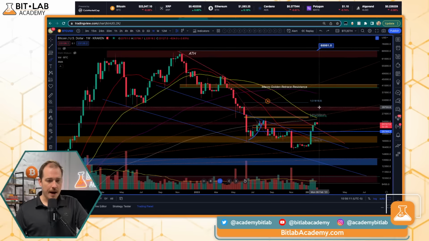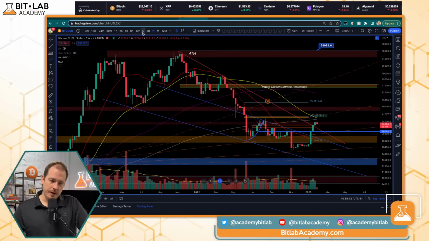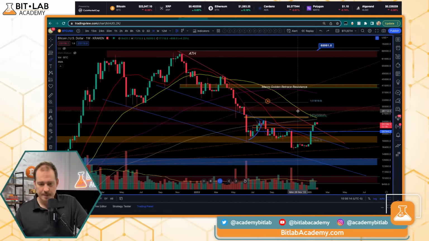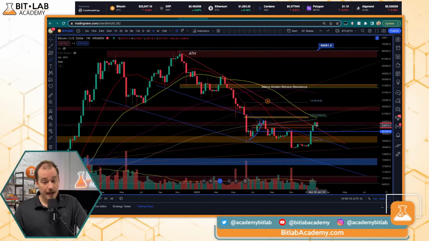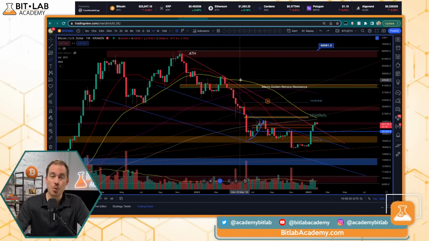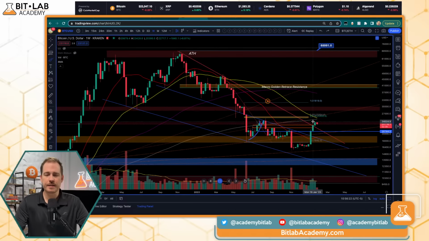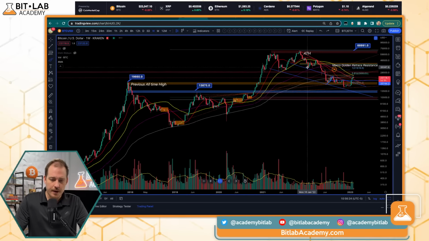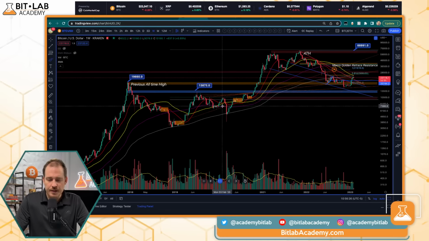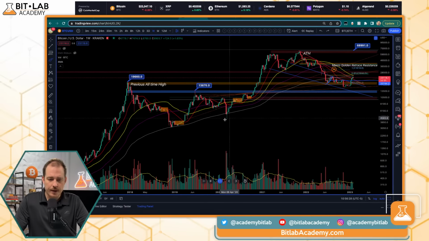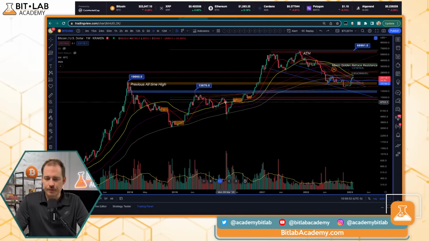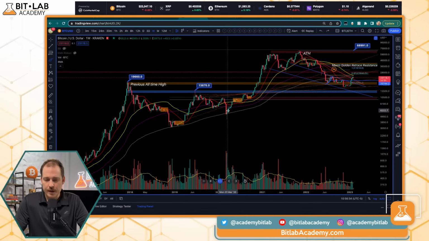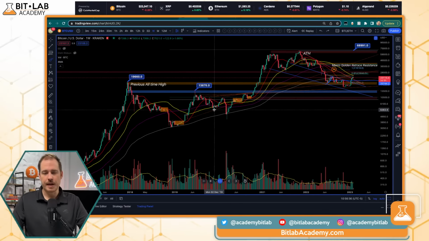So looking here on the macro, we're on the weekly. We're all aware of this massive falling wedge. And we can also see we're pushing up near this 200-week moving average. If we get above this, and we can zoom out here, other than this COVID pandemic crash we had right here, once we get above this, I believe it would likely have pulled back and found support here if we did not have the massive economic catastrophe.